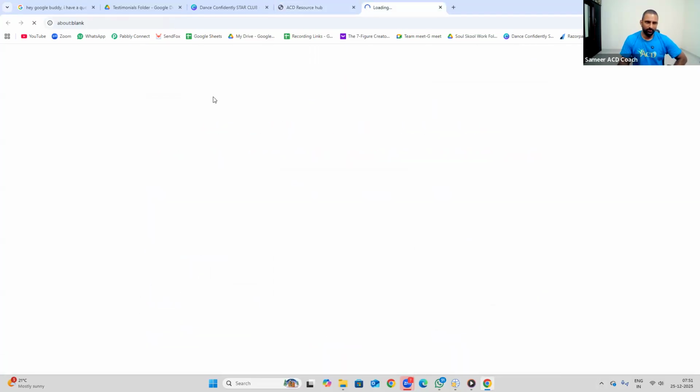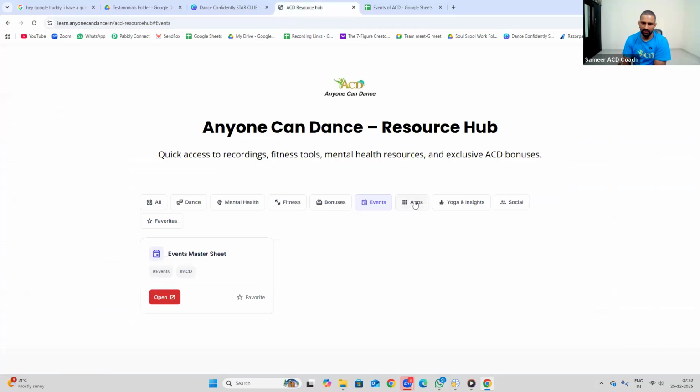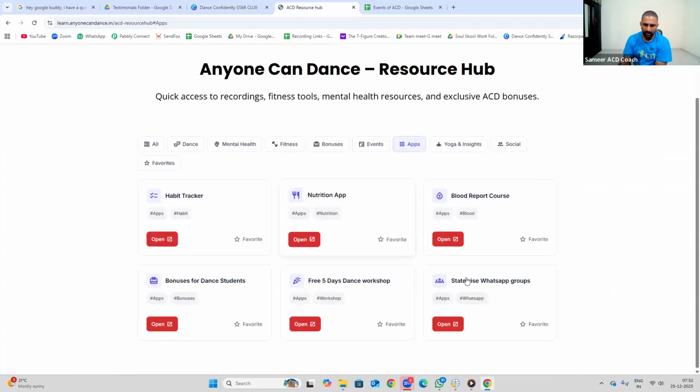From the COVID time, previously till that time we were local. But COVID, along with the disaster, gave us one opportunity, and ACD started growing global. Today, whenever I go to some city, Coimbatore, Kerala, Delhi, Hyderabad, Bangalore, Mumbai, Kolkata, Chennai, Kochi, recently Tirupati, wherever we go, we have that group.